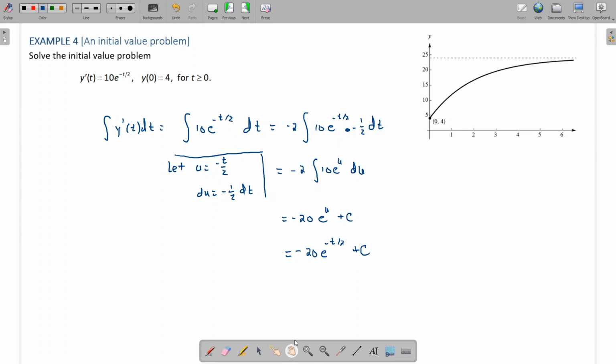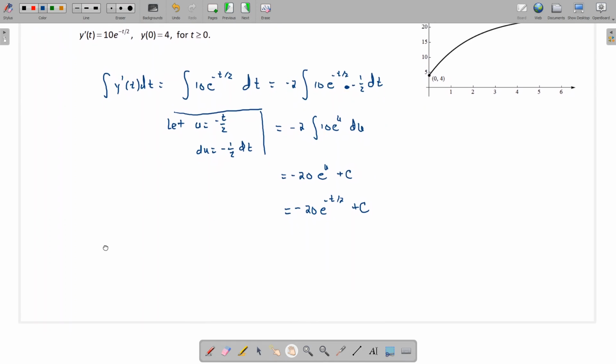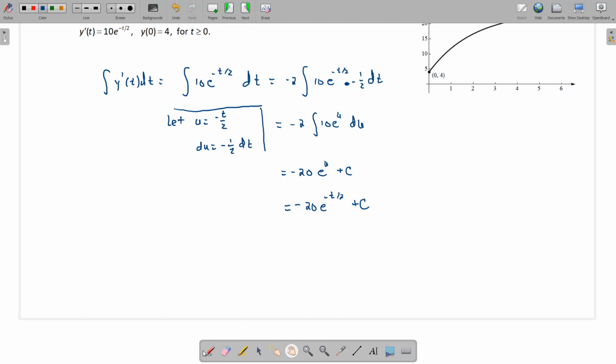So we want to get the particular solution, which is where the initial value comes in. So let's plug that in. We need to do y of 0. If we plug 0 into this, we have negative 20 e to the 0 plus c. Well, that's going to just give us a 1 there, so negative 20 plus c.